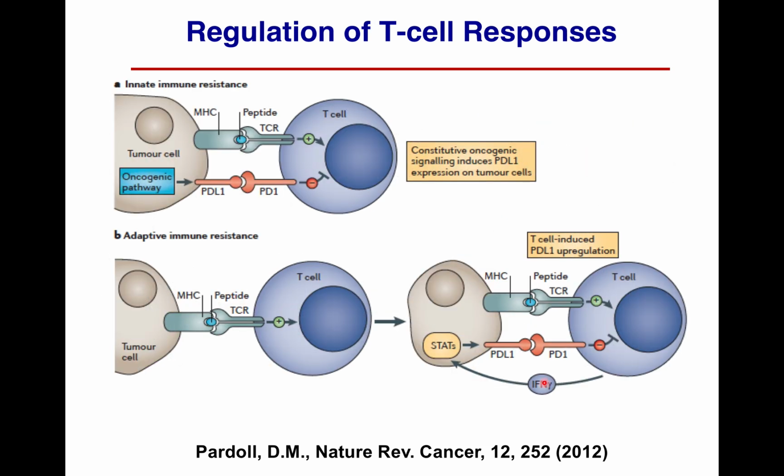Now, this regulation turns out to be that tumor cells are somewhat clever in the fact that in their oncogenic pathways, when they get turned on, they can produce more PDL1. And what this has the effect of doing is turning off their ability to be recognized by T cells.